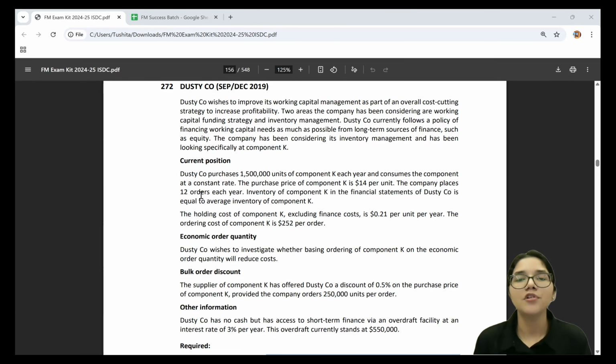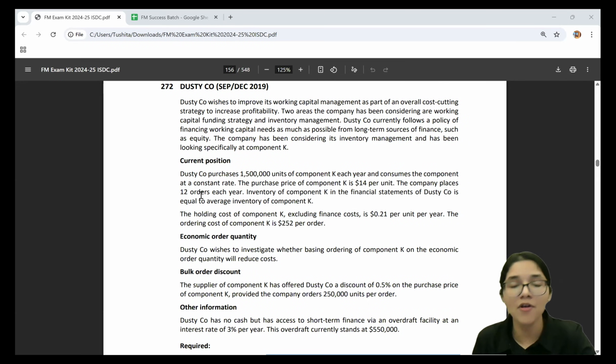Absolutely right. So if I am a conservative person, I just don't want to take risk, but I don't mind paying anything extra. So an aggressive person will be the one who likes to take all of these risks, and he wants his profits to be maximum. So when I want my profits to be maximum, I will be going ahead with the risky items. But here, when I am going towards the long-term sources, I am conservative.